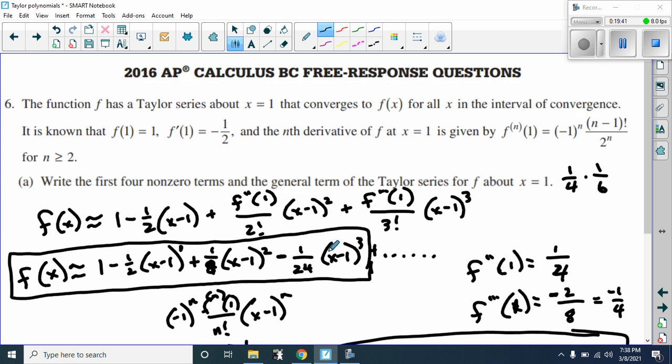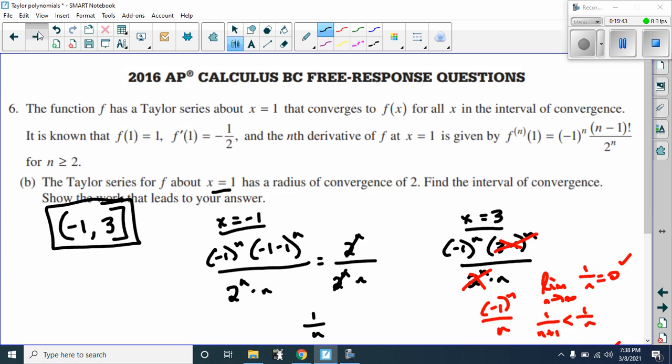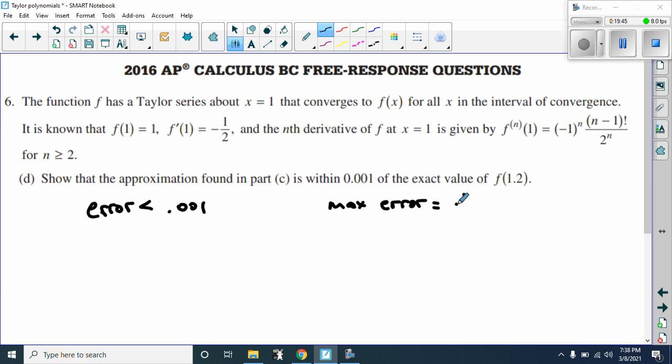If we plug in 1.2 right here, so 1 over 24 times 1.2 minus 1 cubed. 0.2, which is 1/5 cubed.